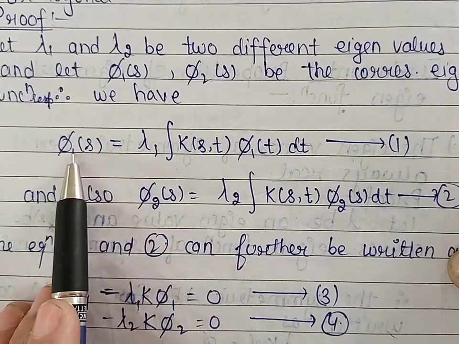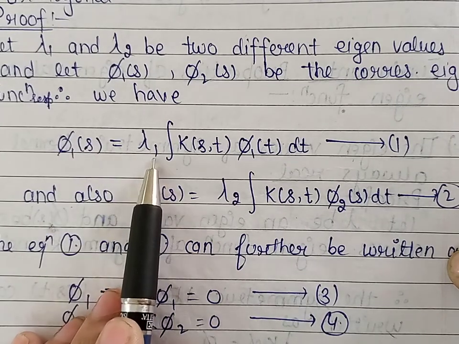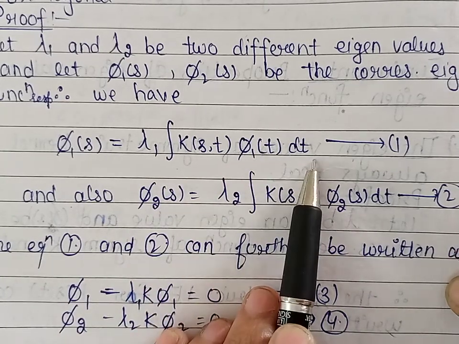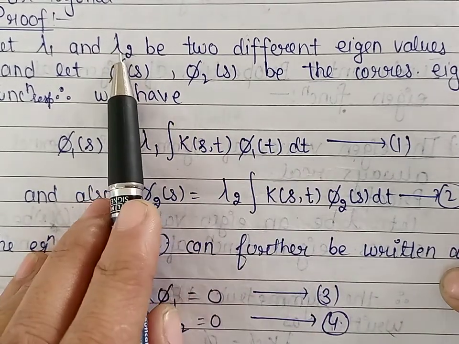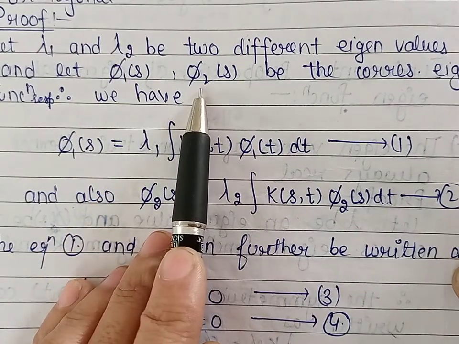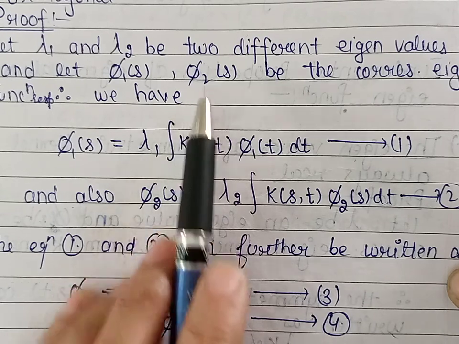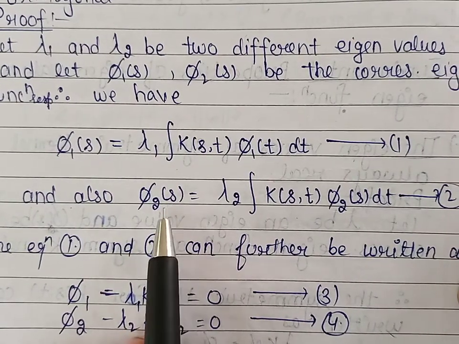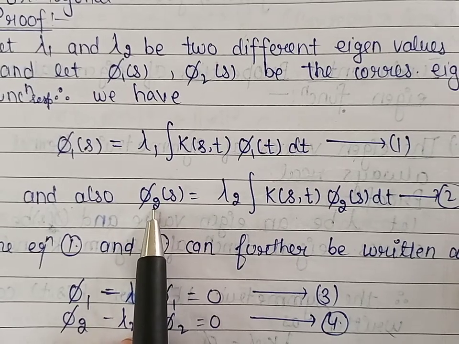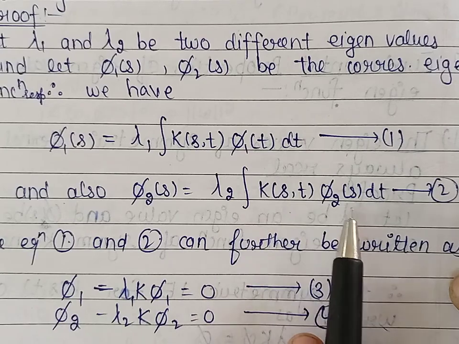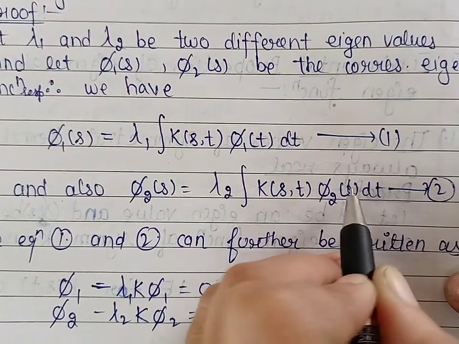So we get phi 1(s) is equal to lambda 1 times the integral of K(s,t) phi 1(t) dt. In the same way, lambda 2 is the eigenvalue and phi 2(s) is the corresponding eigenfunction, so the corresponding symmetric integral equation gives phi 2(s) is equal to lambda 2 times the integral of K(s,t) phi 2(t) dt.